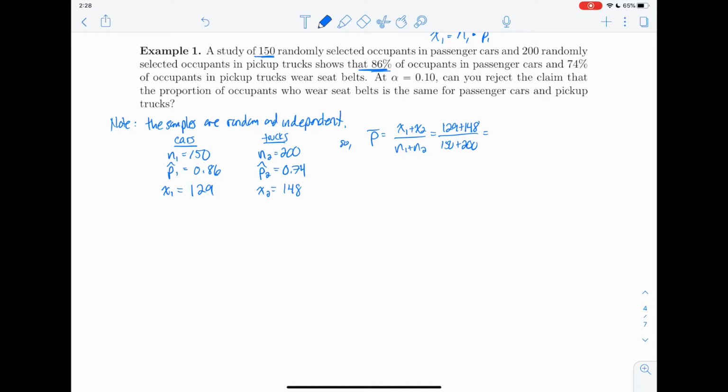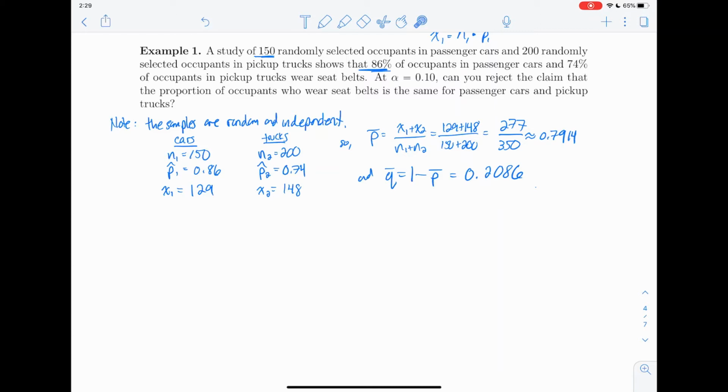The numerator is 277, the denominator is 350, for which their quotient is approximately 0.7914. So this is my weighted estimate, p hat, and therefore q hat, which is of course 1 minus p hat, is going to be equal to 0.2086.